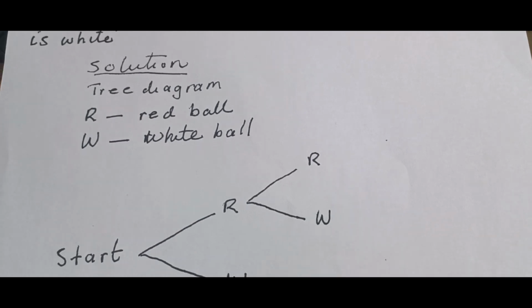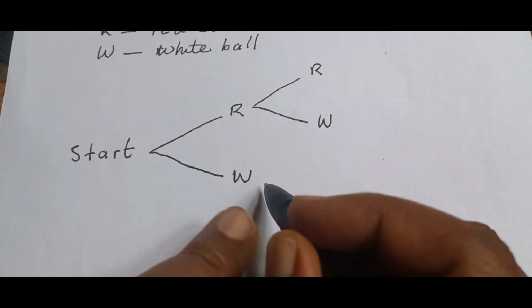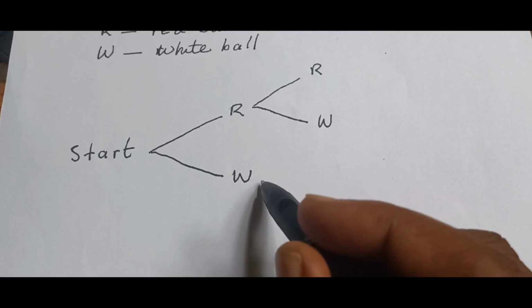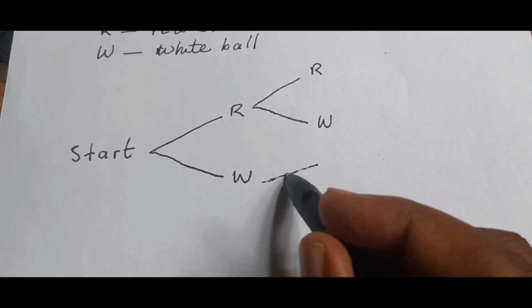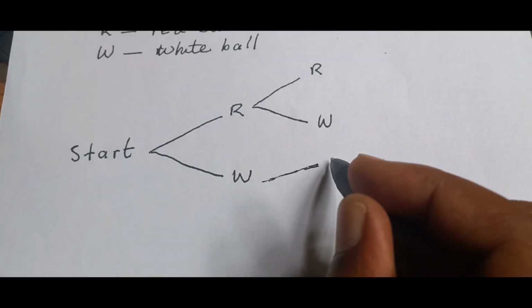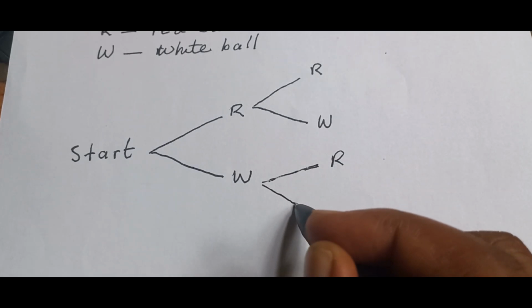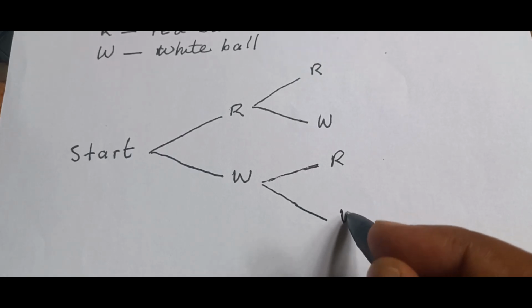The same applies here. If the first ball drawn is white, again there is a chance that the second ball drawn is red, or the second ball drawn is white.